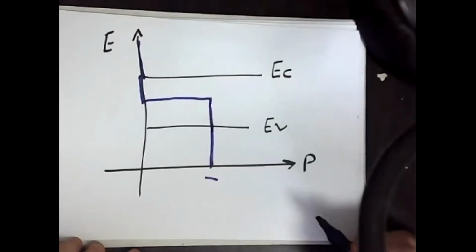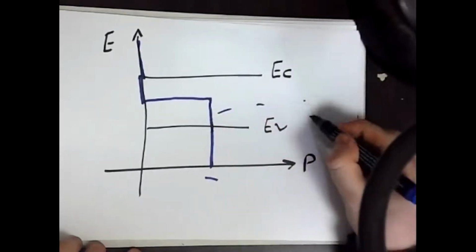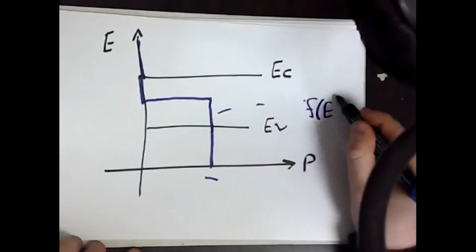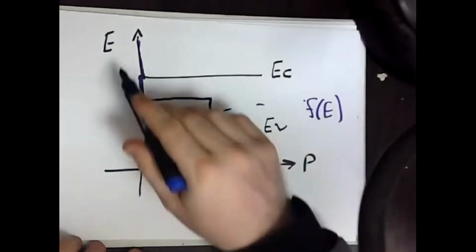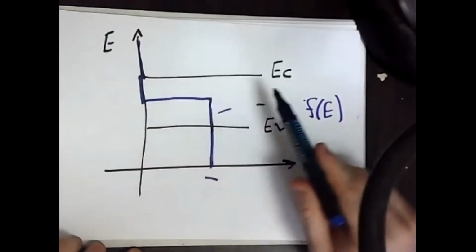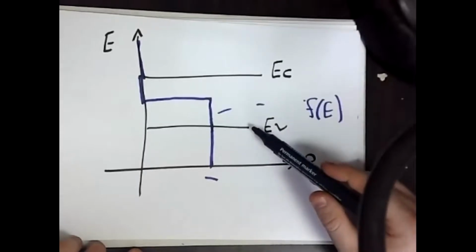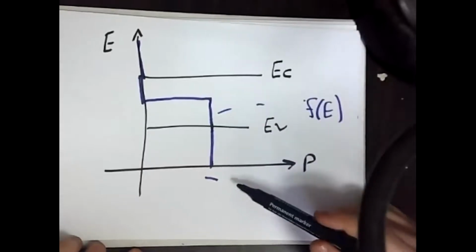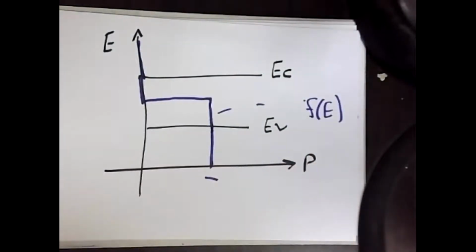And then we have what's called the Fermi-Dirac distribution, or the function which is called f of E. It's f of E because, as you can see, it's a function of energy. We say that we don't have electrons in the conduction band, which is energy EC to infinity. However, all electrons are in the valency band, which is EV to infinity. And if you remember this important distribution in the energy band gap, we have already discussed this in the material course.